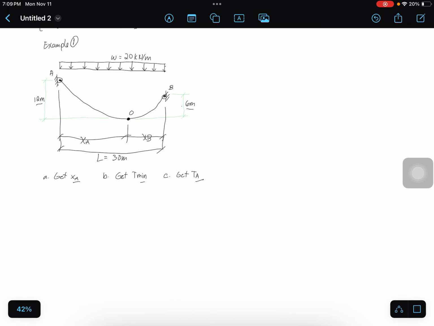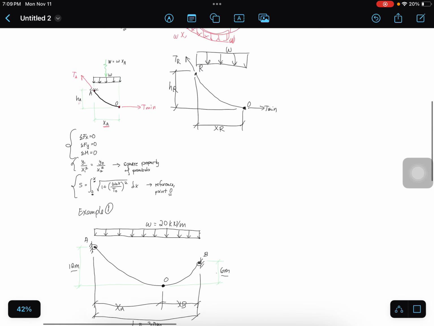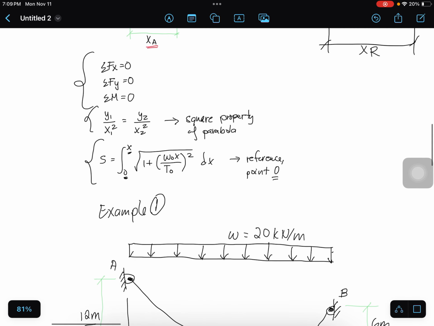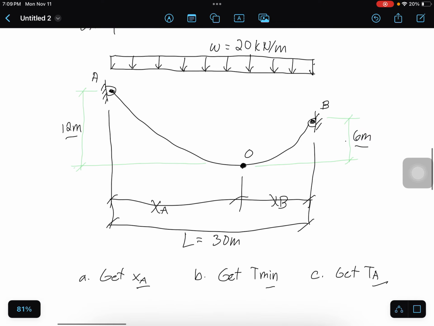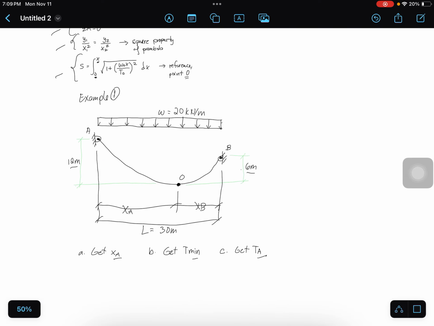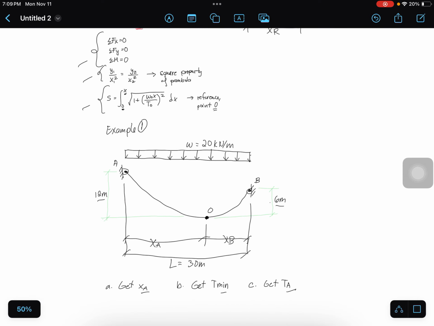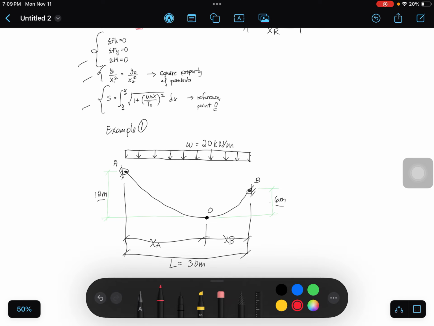So, anong unang pwedeng gawin? So, ano ang mga equations for parabolic? The three equations of equilibrium, ito, tsaka ito. So, to get XA, ano magandang gamitin? Summation of forces. Hindi, kasi wala man tayong, yung mga forces natin, they are missing.